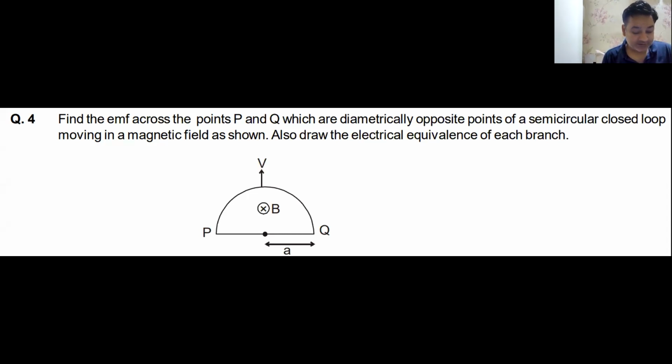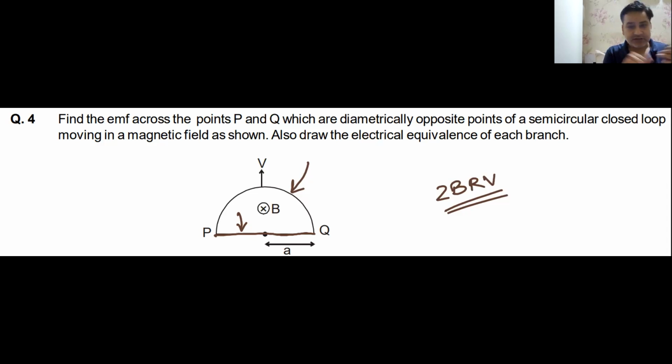So it is a very simple question. What you got to do? The easiest way is to close this loop. Whatever EMF is induced in this part, the same EMF will be induced in this part, and the EMF induced in this part will be 2B into R into V. Yes or no? Yes, sir. Just close the loop.